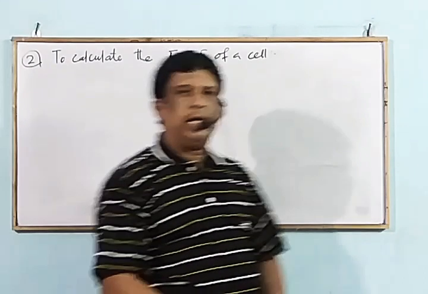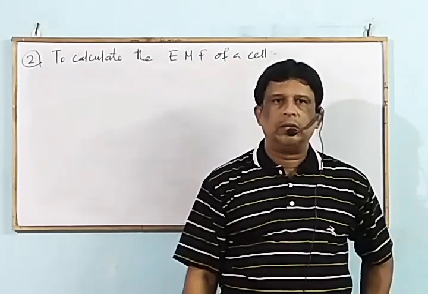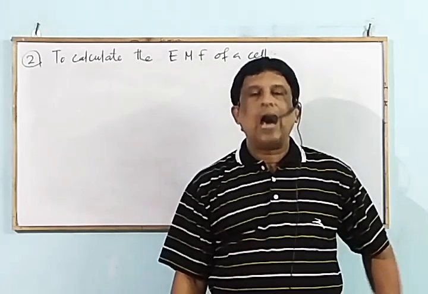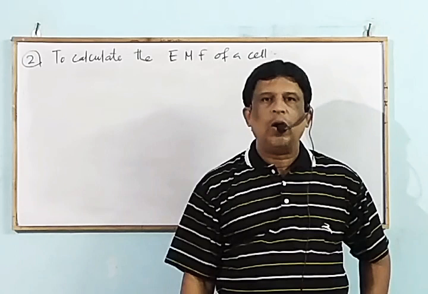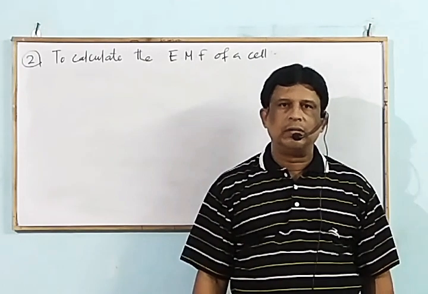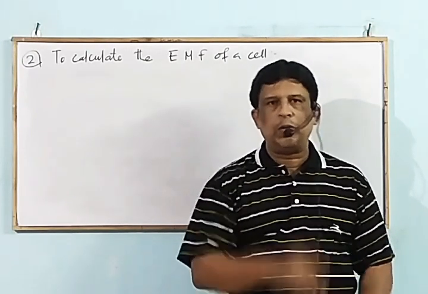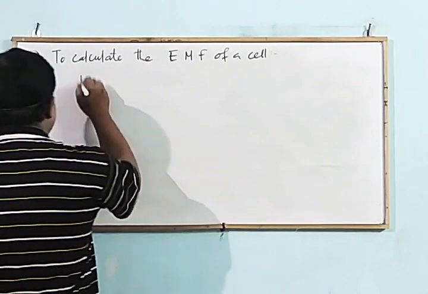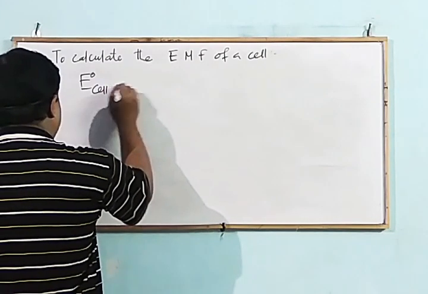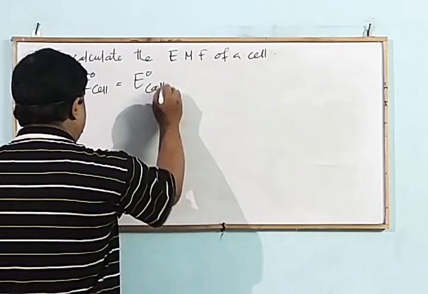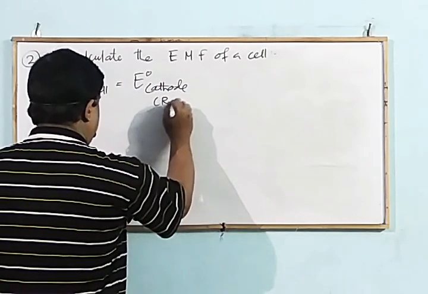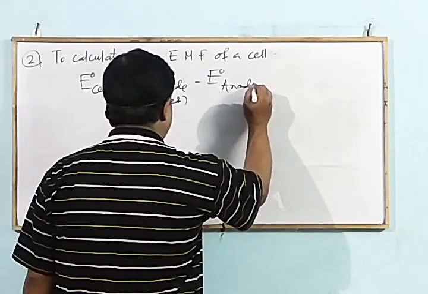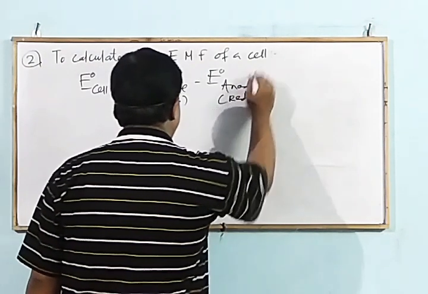How do we calculate the EMF of a cell? Just before, we completed one formula: the cell potential or EMF of a cell, in the form of reduction potential, is E cell equal to E cathode, that is reduction, minus E anode, that is reduction.